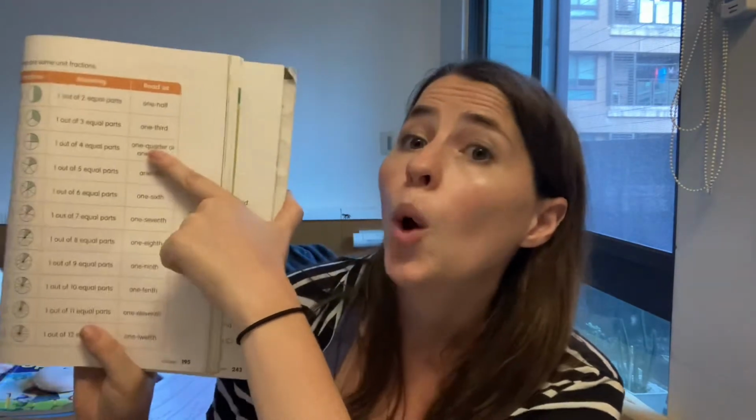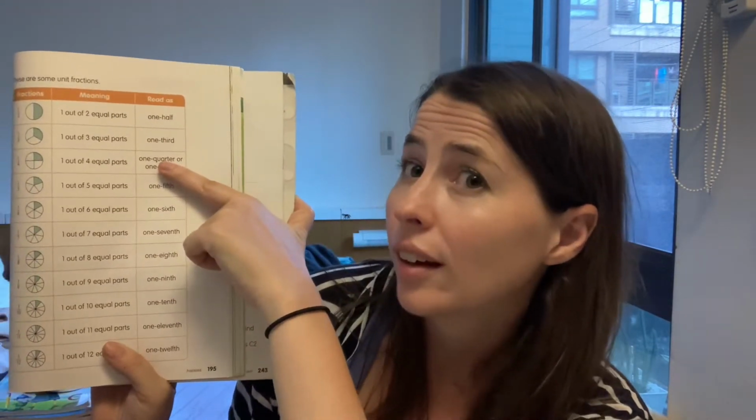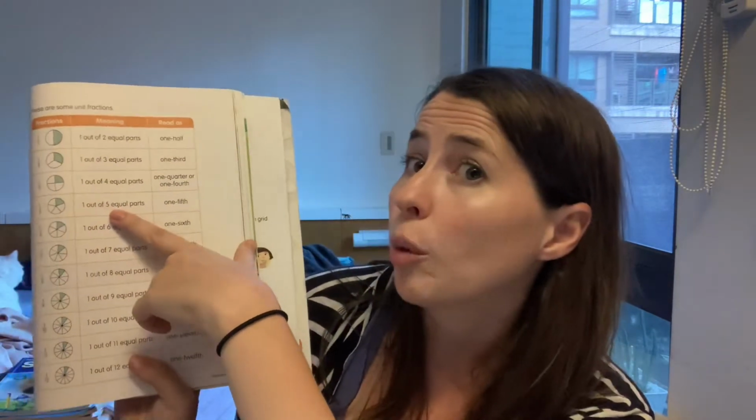All right. 1 out of 3 equal parts is 1/3. Okay, 1 out of 4 equal parts. The one that I care about today is the first one. Everyone say 1/4. Okay, 1 out of 5 equal parts is 1/5.